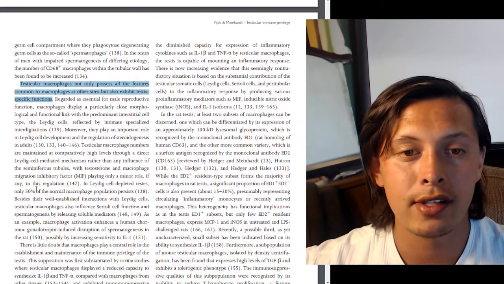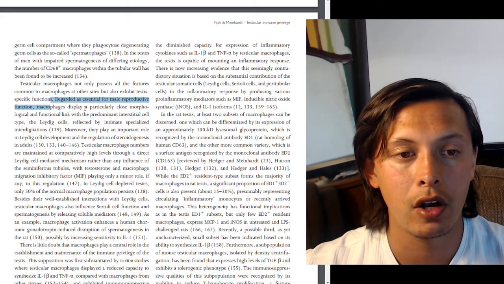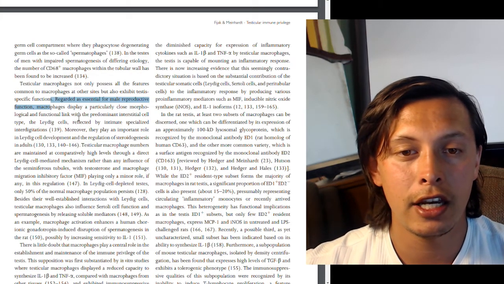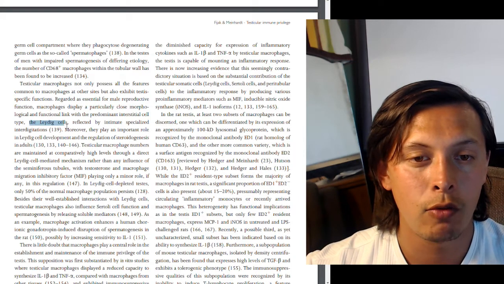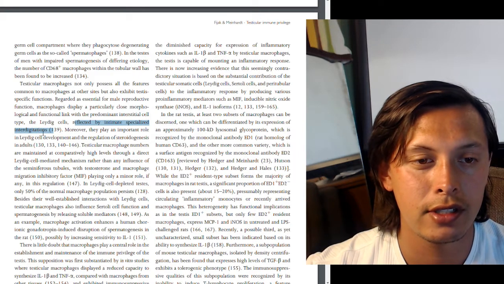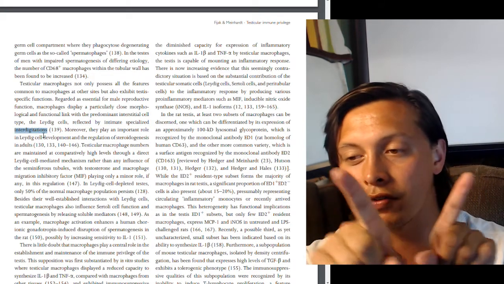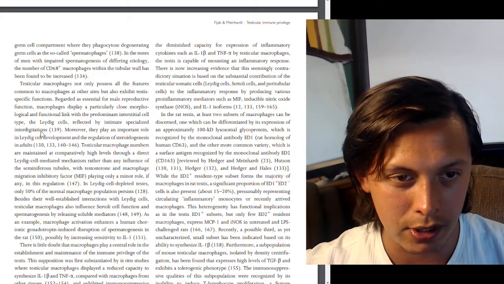Regarded as essential for male reproductive function, macrophages display a particularly close morphological and functional link with the predominantly interstitial cell type, the Leydig cells, reflected by intimate specialized interdigitations. I'm assuming interdigitations means it has a bunch of finger-like things coming off of it, but I'm going to search that up just to make sure.